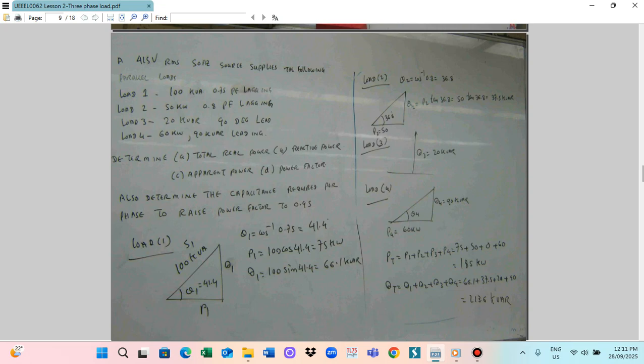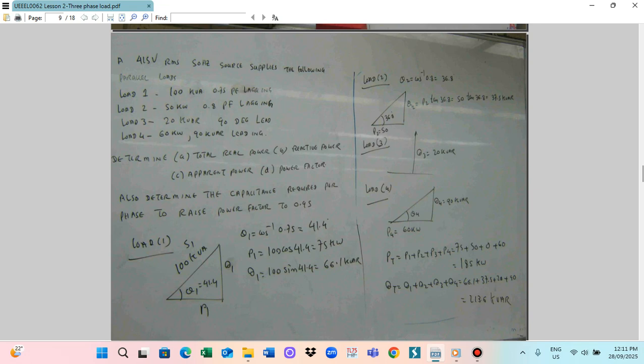This angle is 36.8. So Q2 is equal to P2 tangent 36.8, so 50 tangent 36.8. By solving this, you got the 37.5 kVAR. So this is for the Q2.